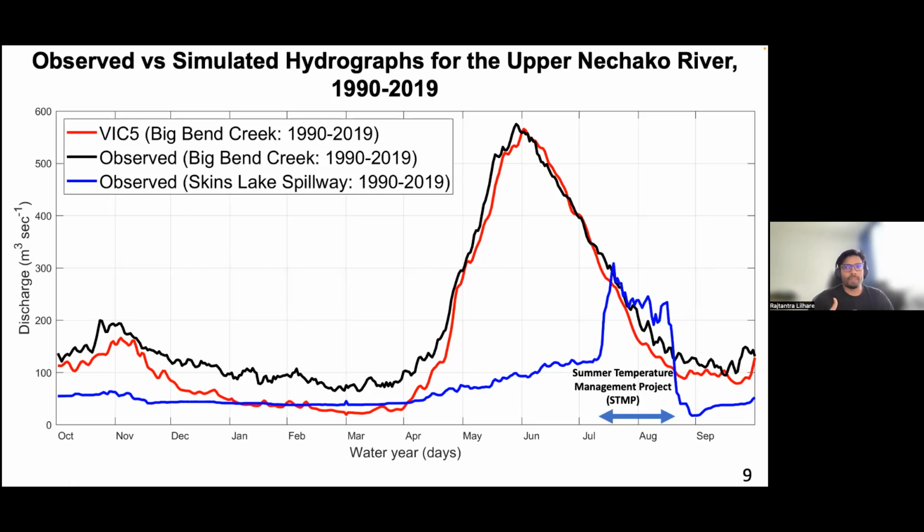They try to manage the water temperature, because if the water temperature rises above a certain point, it will be bad for the fish habitats. That's why they plan to keep the water temperature below 20 degrees centigrade. That's an important part of this regulation as well.